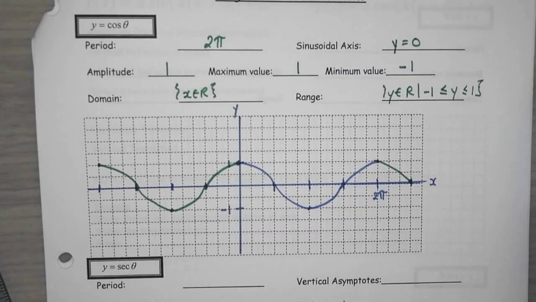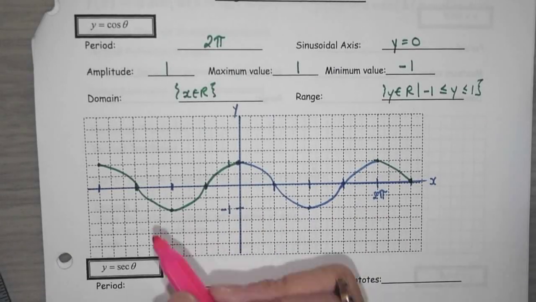For the secant graph, we're going to use that same reciprocal, the 4 steps that we have for the reciprocal. We're going to do the same thing. It's going to be the same pattern, but shifted over a little. It's the same beautiful pattern that we're getting. So highlight your 1s and -1s.